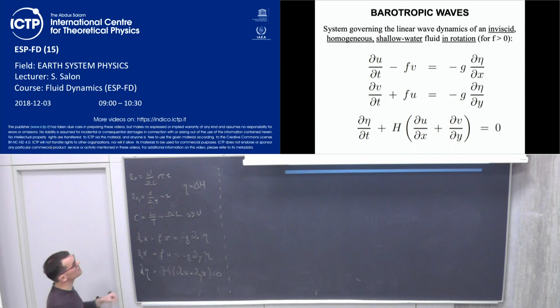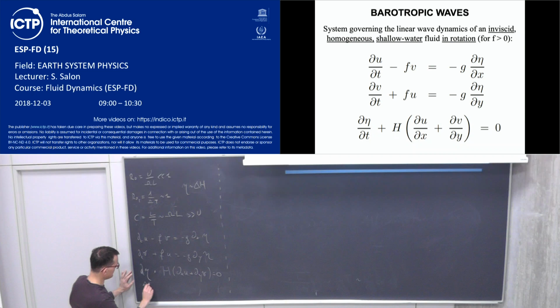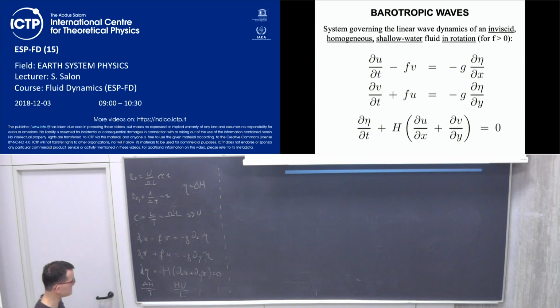If we analyze, because we need to have something about delta h, these two terms, this will be delta h over t, and this will be h u over l. Okay? So these two terms actually, since they are in the same equation, are in balance.